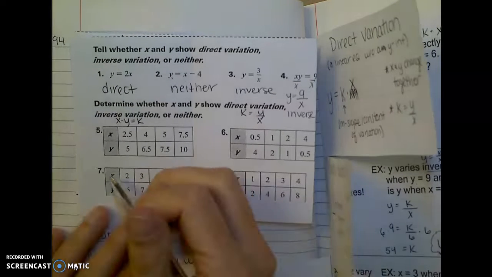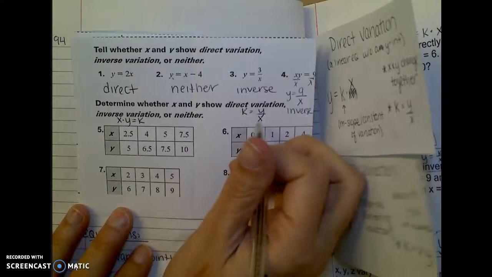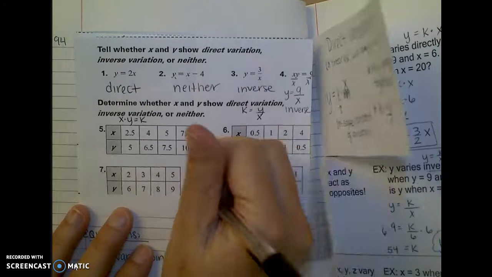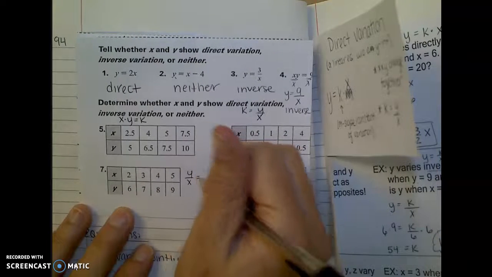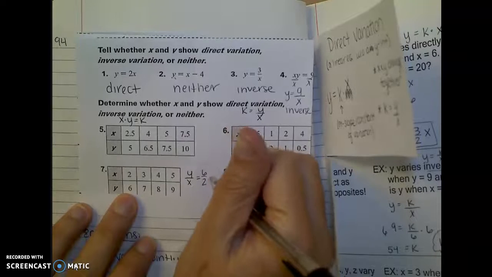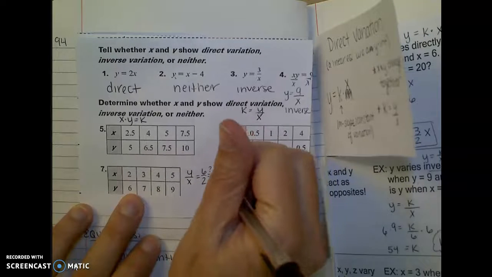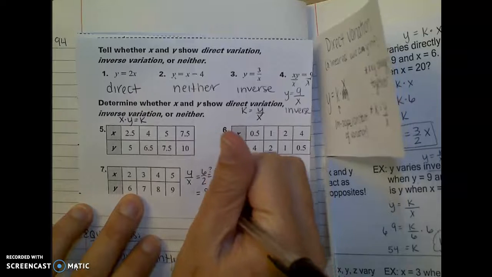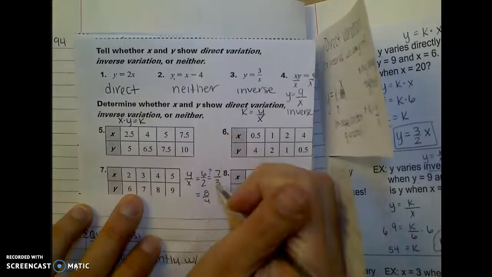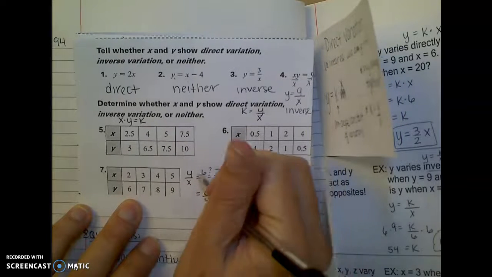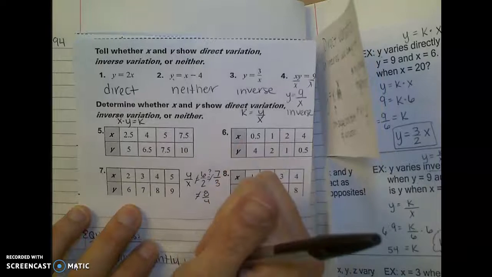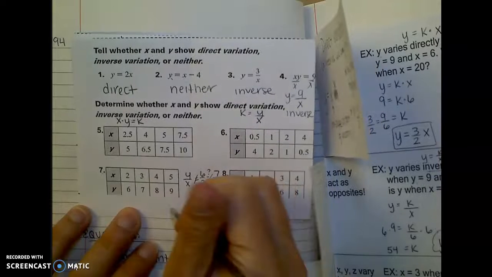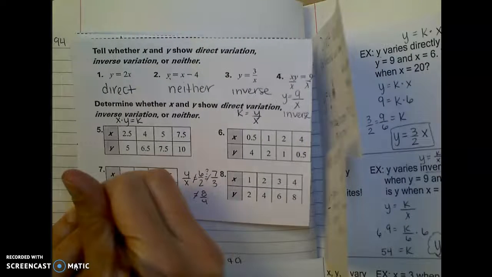So like, for example, number 7. I always start out by dividing first. So if I do y divided by x, I get 6 over 2. And it's kind of like, is that the same as 7 over 3? Is that the same as 8 over 4? And I feel like I already know my answer. This is not direct. So then I try to multiply them instead.